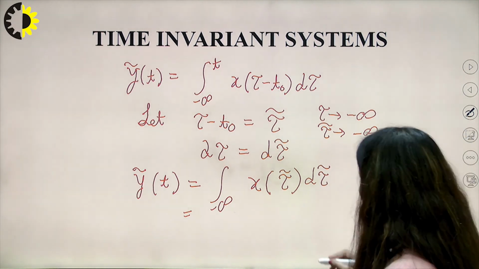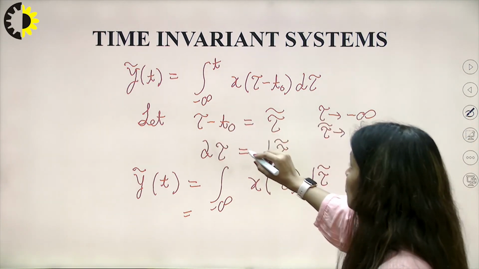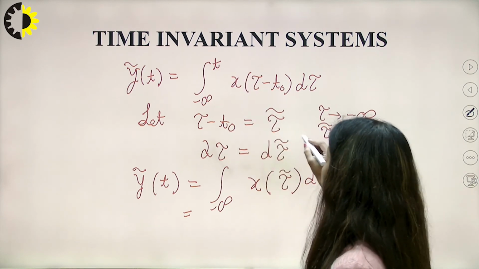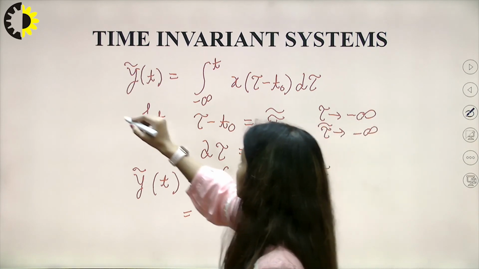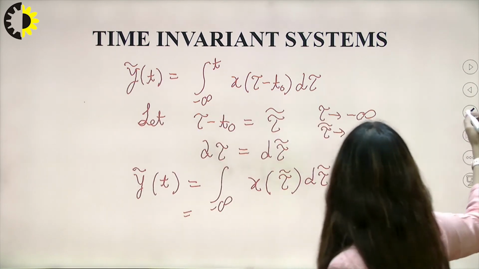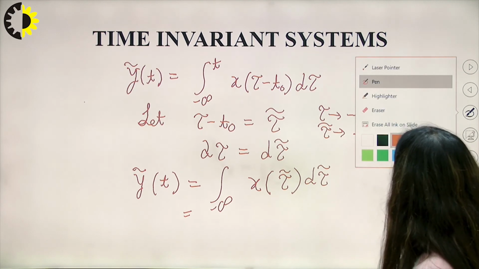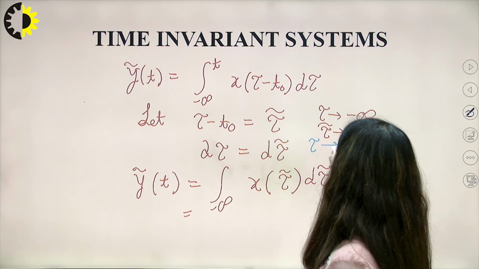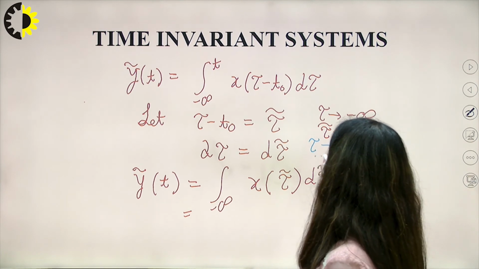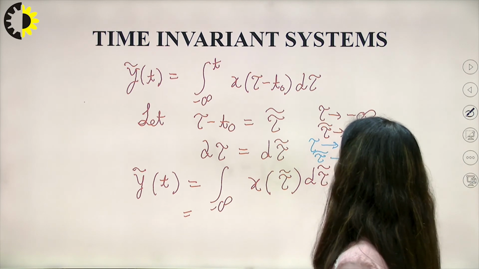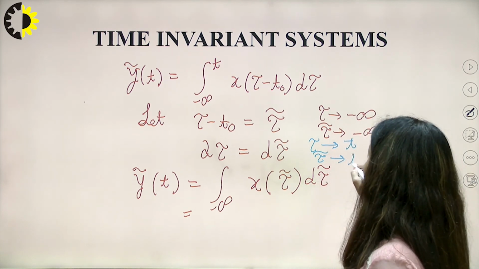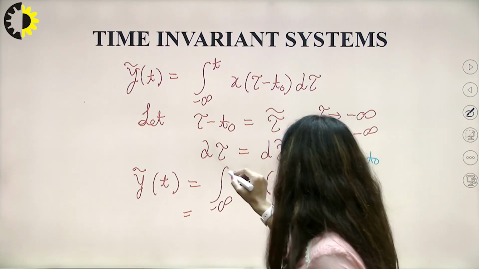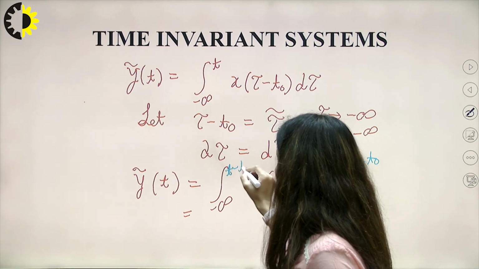Similarly, if my tau is tending to t, then tau bar is tending to t minus t naught. So here I will put my limit as t minus t naught.